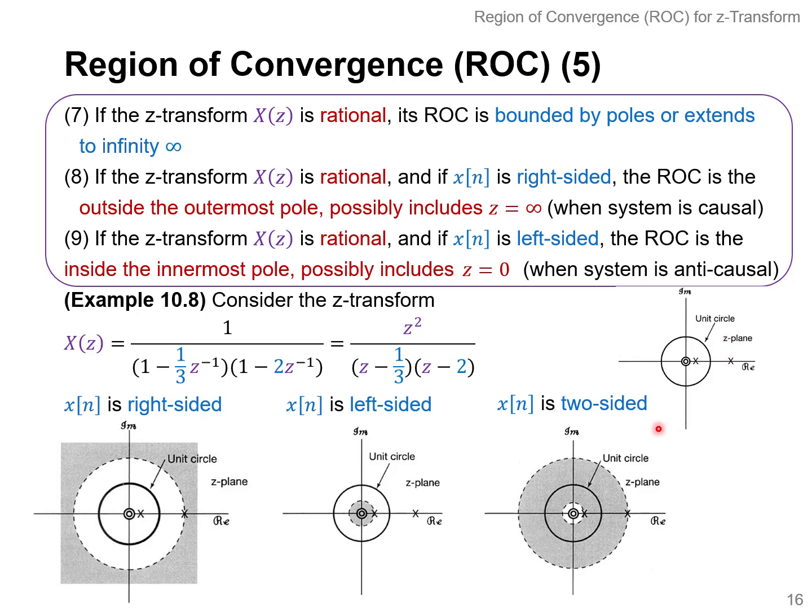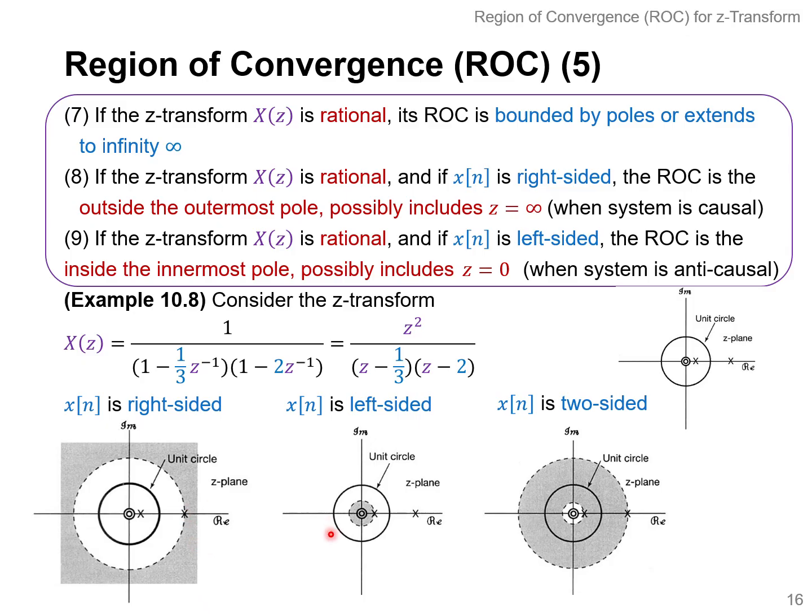If the signal is right-sided, the ROC is outside the outer pole. So the ROC is the region where the magnitude of Z is greater than 2. In the figure, the shaded area covers the outside of the circle through the pole at 2.